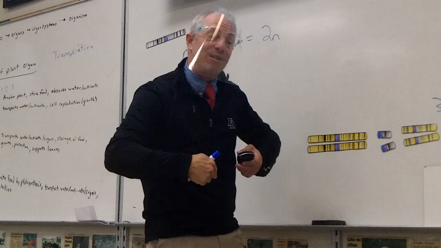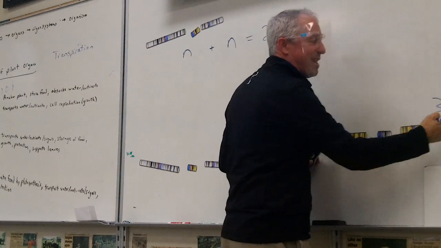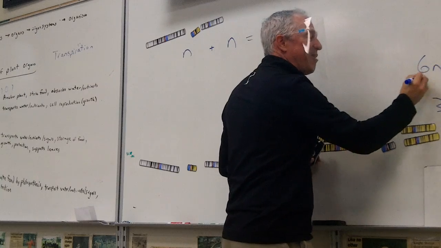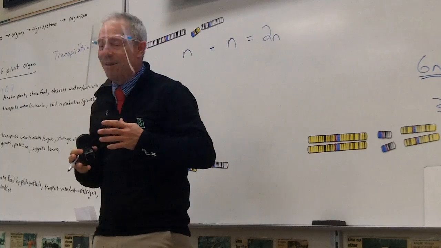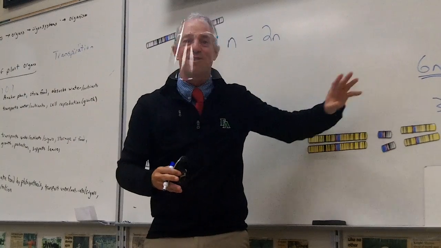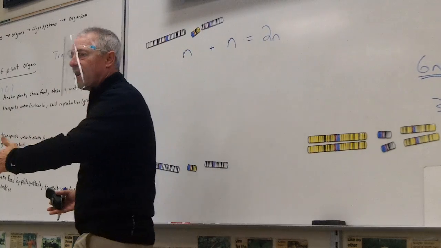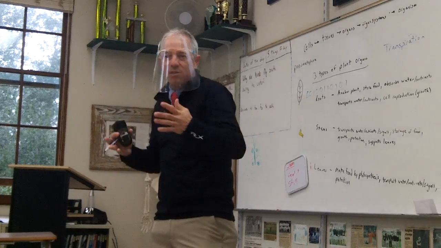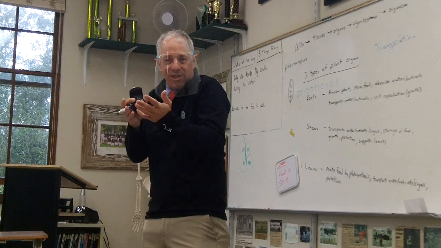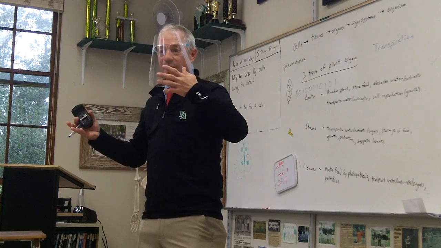But if you could mate with yourself and you get 3N plus 3N, you can have 6 sets of chromosomes in the cell. And usually that'll die, but sometimes it will survive and it'll have totally different traits. A lot of the plants that we have that produce these giant fruits and vegetables, they would be weird in nature, but we like them.